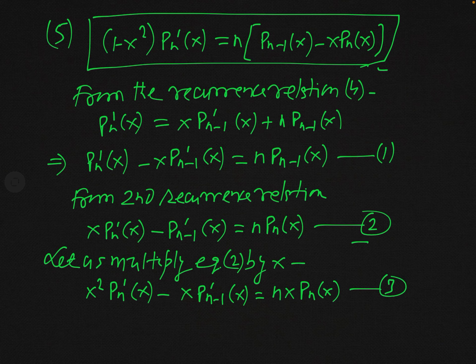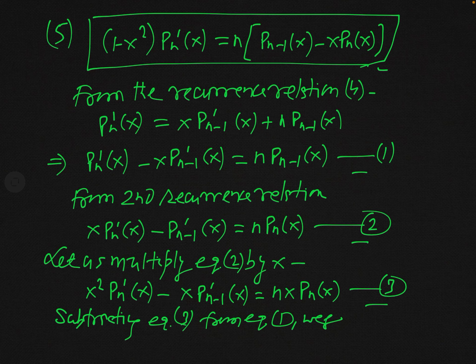Now we will subtract this equation 3 from equation 1. When we subtract equation 3 from equation 1, in the LHS you can see Pn prime of x minus x square Pn prime of x.